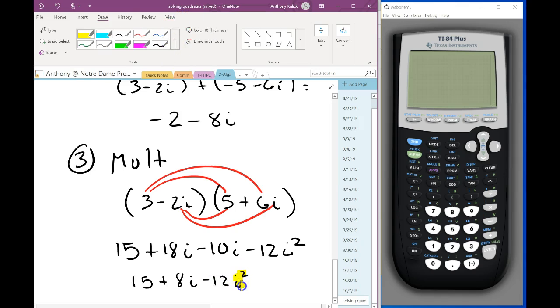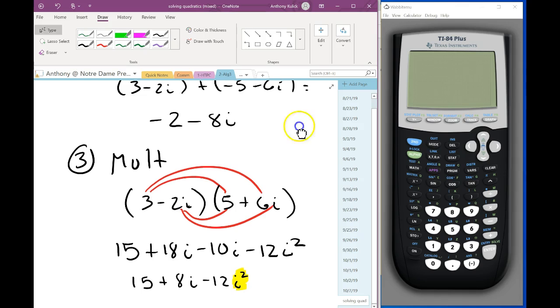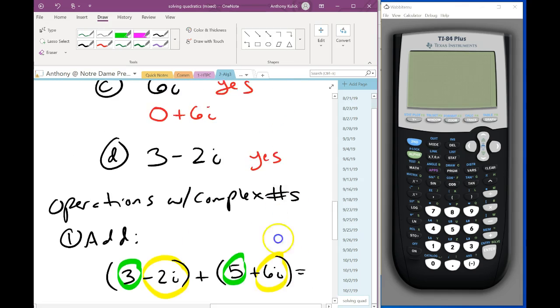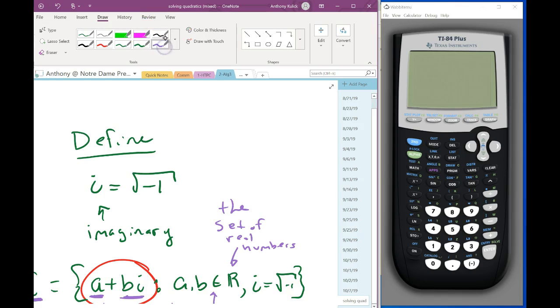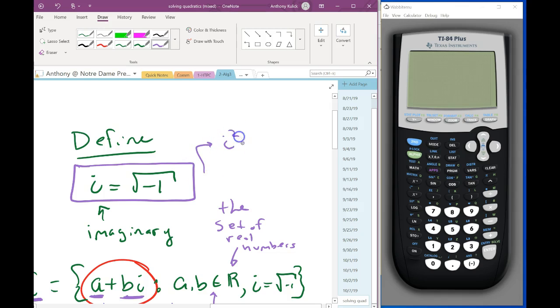But what does i squared mean? Let's think about that for a moment. So I'm going to head back up to something else here. I'm going to scroll up for a minute. I want to go all the way back up to here. If i is equal to the square root of negative 1, i squared would be the square root of negative 1 squared, right?